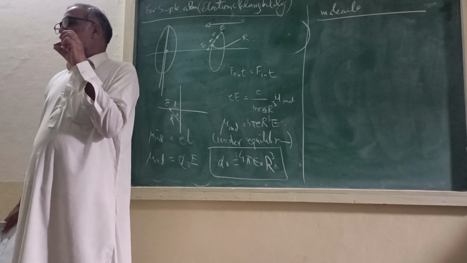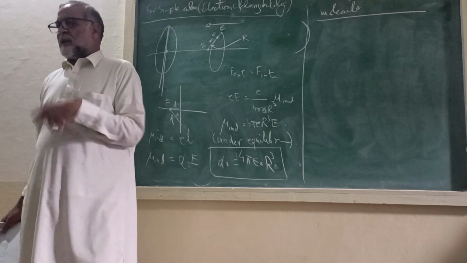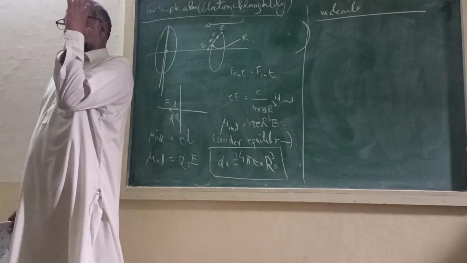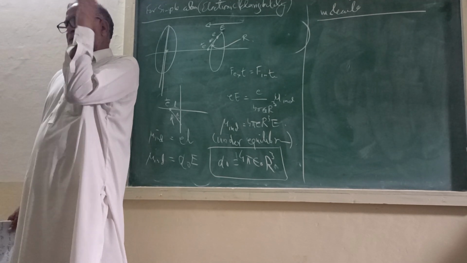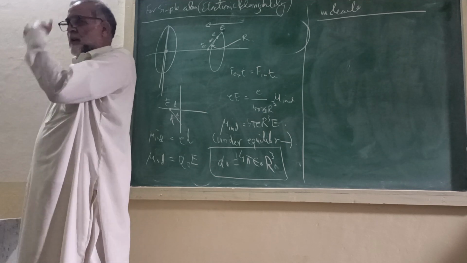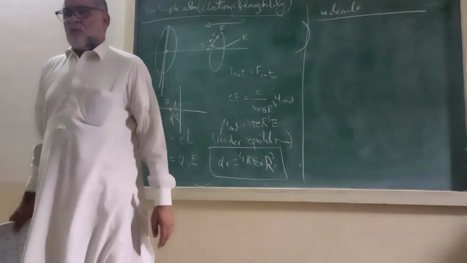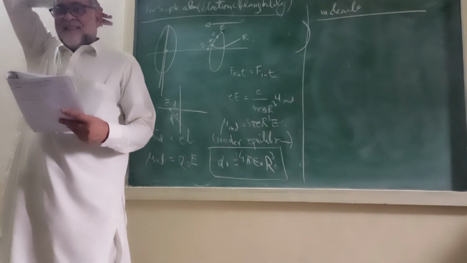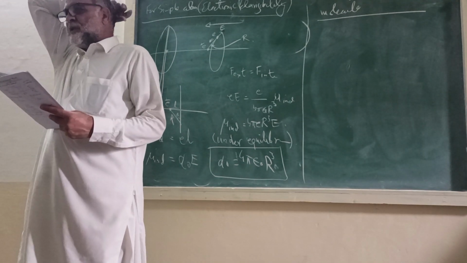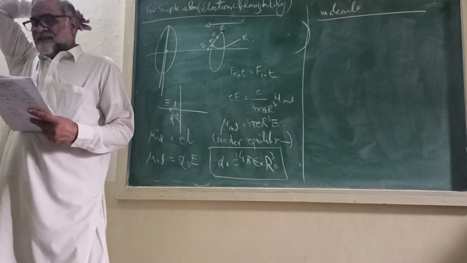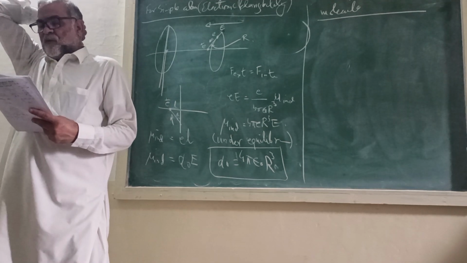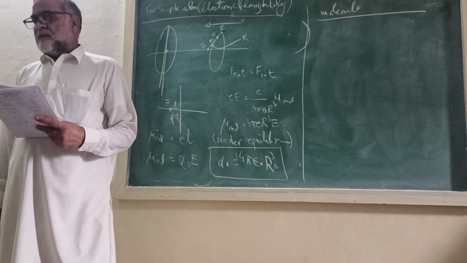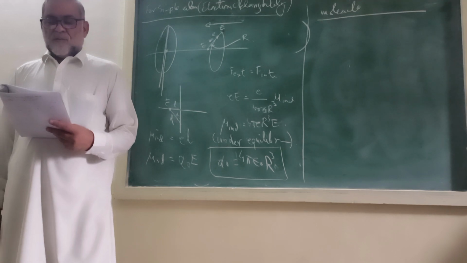Over a period of time the polarization is 0, because the dipole moment is a vector quantity. When you sum it over time, it will have 0 dipole moment, the average dipole moment.